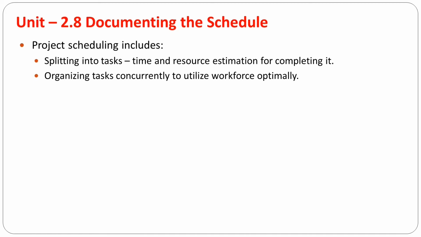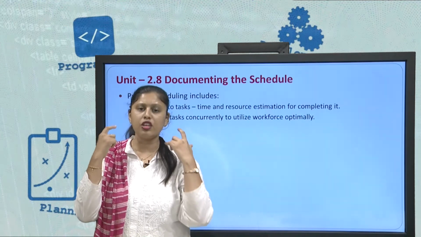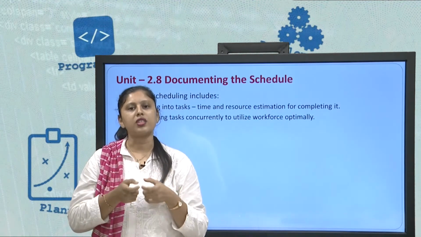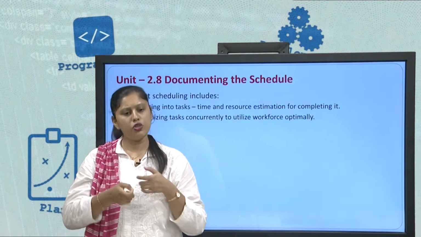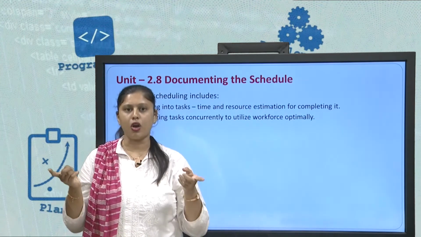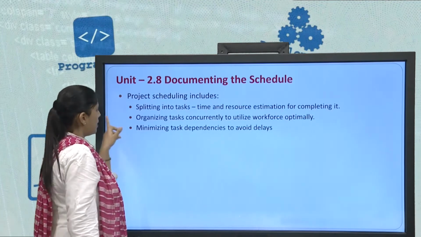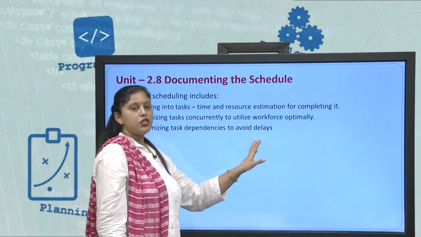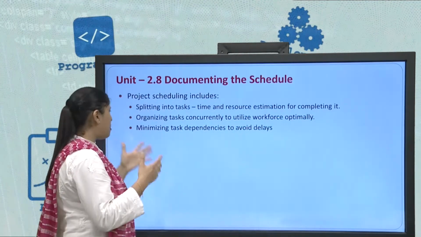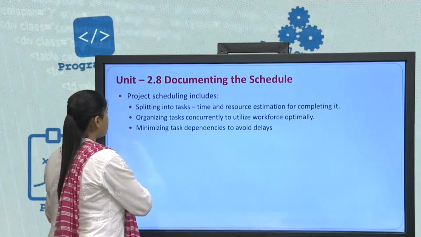If I am working on task 1, my task 2 should also happen. For example, if you are listening to music on your phone, it does not mean you cannot chat. You can use your WhatsApp and listen to your song also, so it is simultaneous tasks being operated. Minimizing task dependencies to avoid delays, you have to minimize the task dependencies to avoid delays.